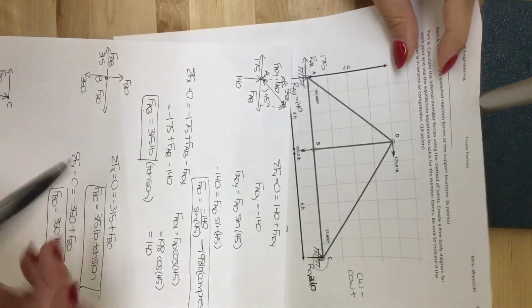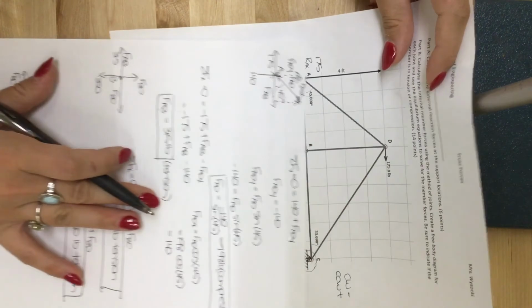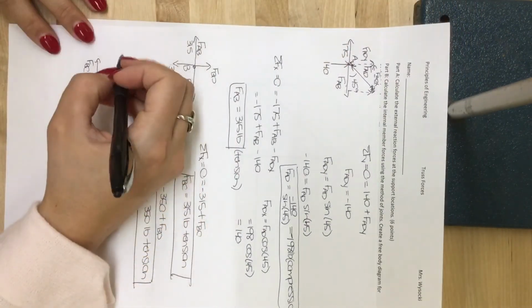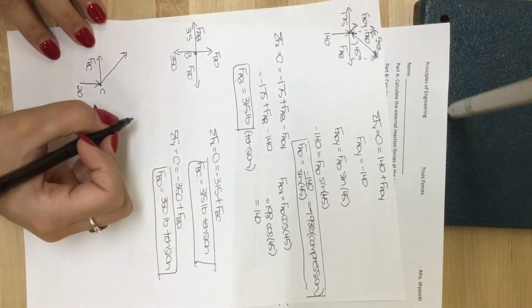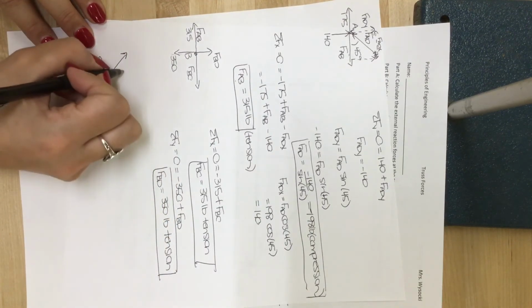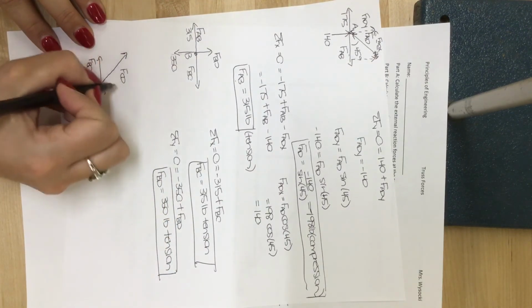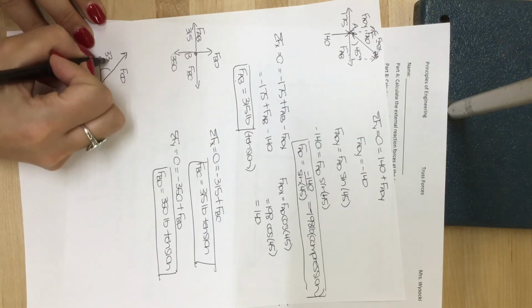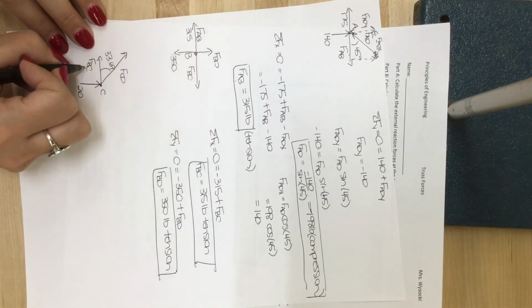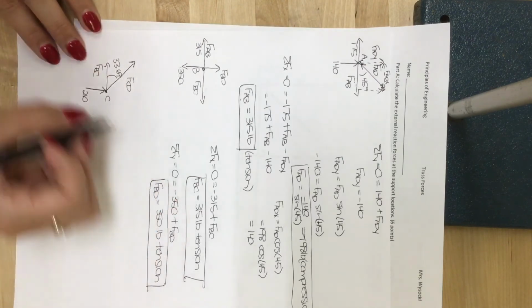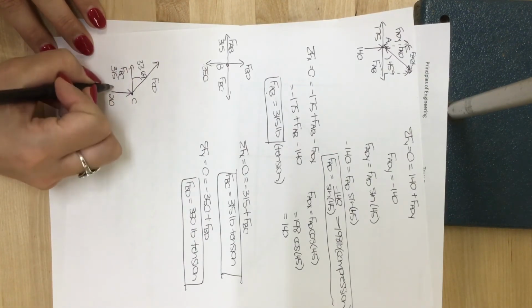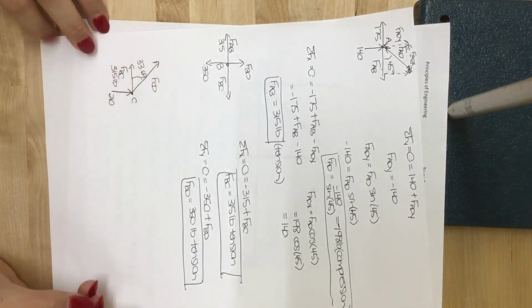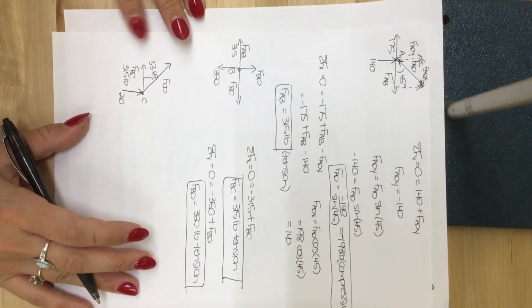And then we're going to have our FCD at that 33.69 degree angle. Again, we're going to show it pointing away. So we have force CD. It's at a 33.69 degree angle. The magnitude of FBC is 315 pounds, which we found in the previous part.